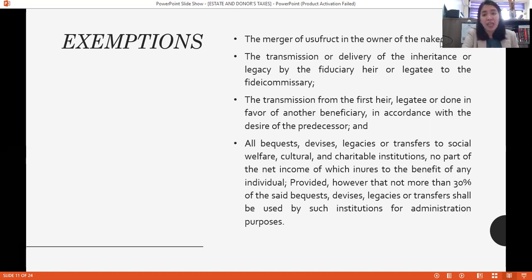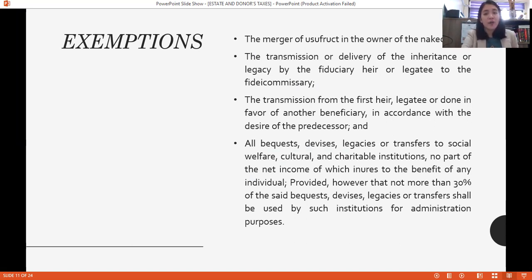Wala ding namatay, okay? The transmission or delivery of the inheritance or legacy by the fiduciary heir or legatee to the fideikommissary. Remember here na yung fideikommissary, siya talaga yung intended na heir. Kaya lang, dinaan lang niya sa fiduciary heir. So therefore, wala talaga siyang legit na estate transfer.